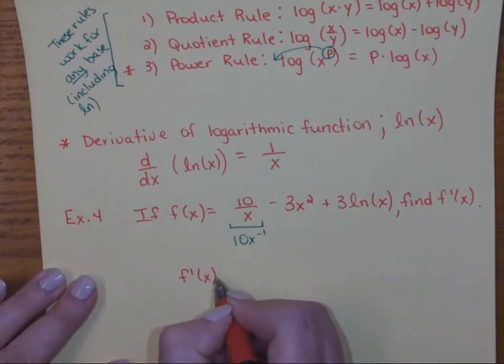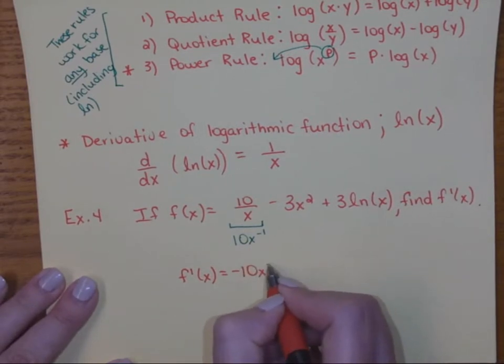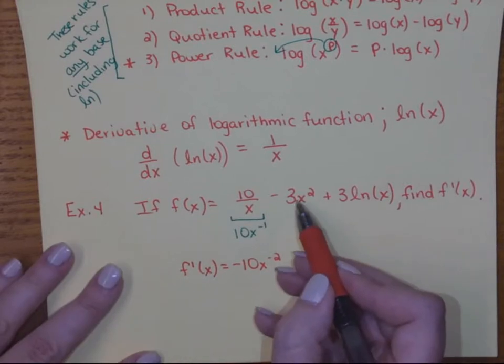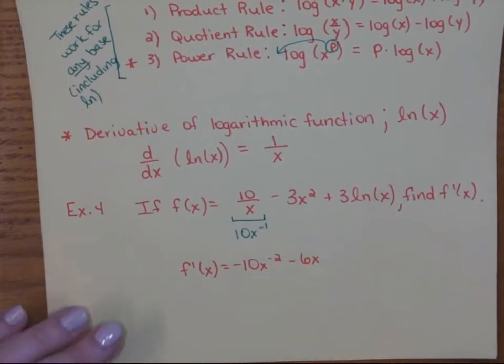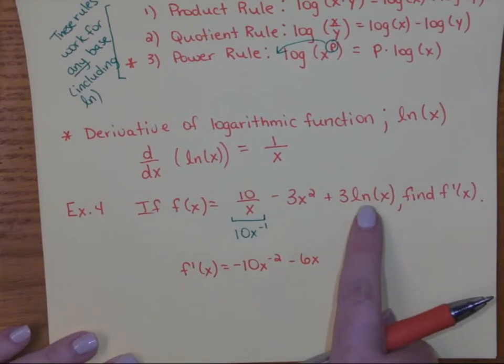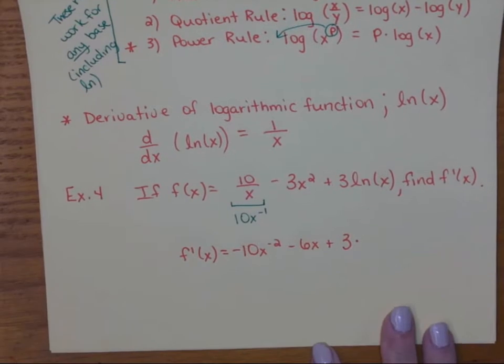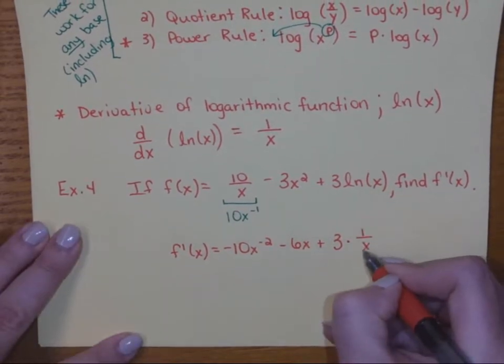So the derivative is, move this power to the front, right? So negative 10 and reduce the power by 1. Move this power to the front, right? So we're going to get minus 6x to the first. And then lastly, here's our new rule, right? So what happens with a constant? It gets pulled down. But then the derivative of the function ln of x is always 1 over x.